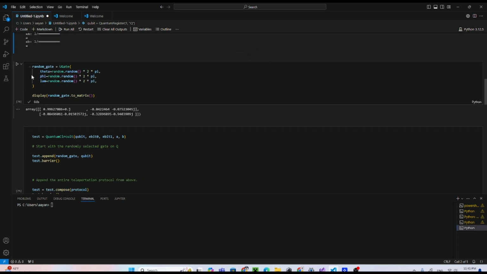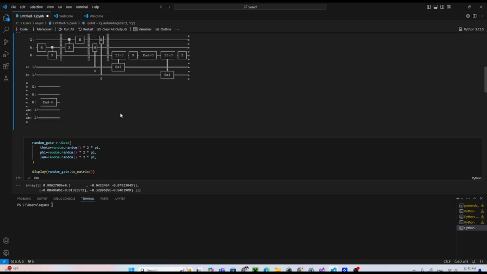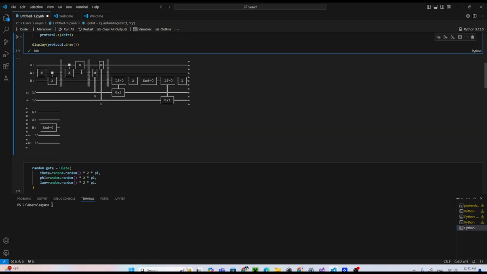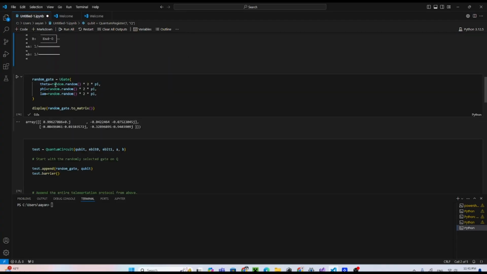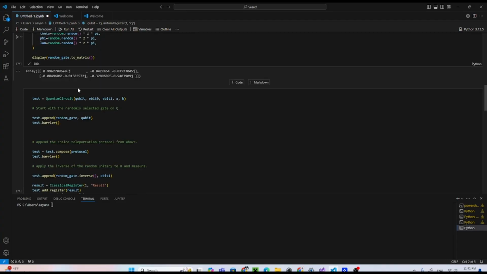And right here we're making a U gate that makes a random quantum state vector, as this quantum circuit should work with any arbitrary quantum state vector that can exist. So we're just making a random one right here, and then we're applying that to our initial ket 0, the default vector for every qubit.